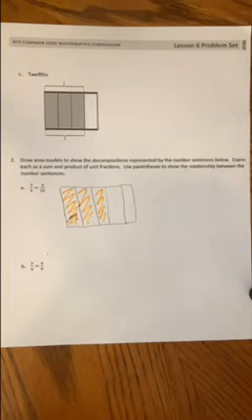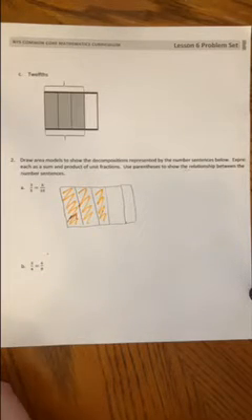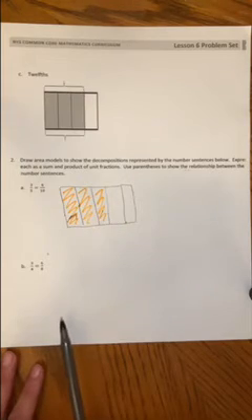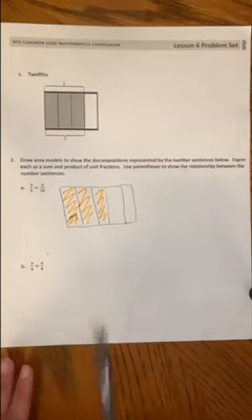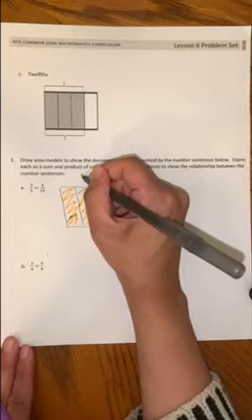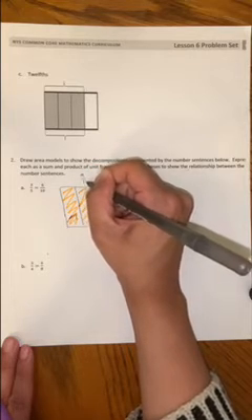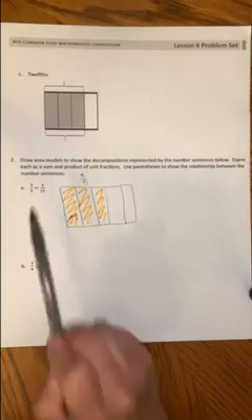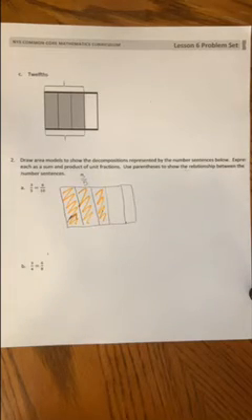Now, I'm going to decompose my fraction. And I know that after I decompose it, I am no longer going to have 5ths, right? And I can actually write that here if I want. No longer going to have 5ths. What am I going to have now? It looks like I'm going to have 10ths.